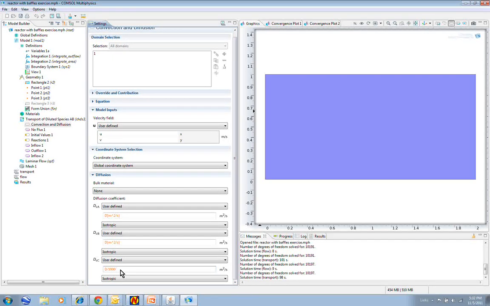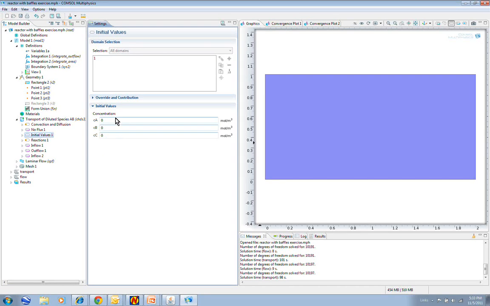I kept that as D divided by 1000. So what this would be is C will be precipitating out as a solid. So it'll be small granules of solid, say a colloid, that would move with the flow but would not diffuse. So we'll keep that as D divided by 1000.